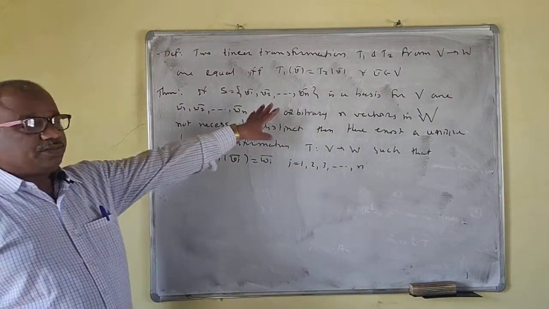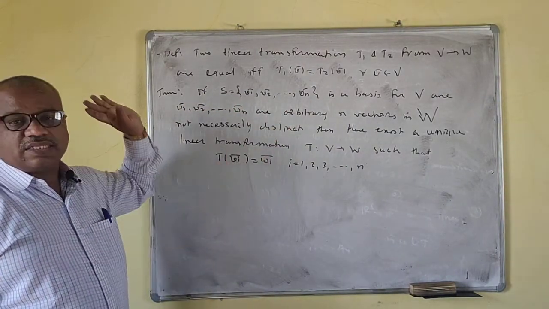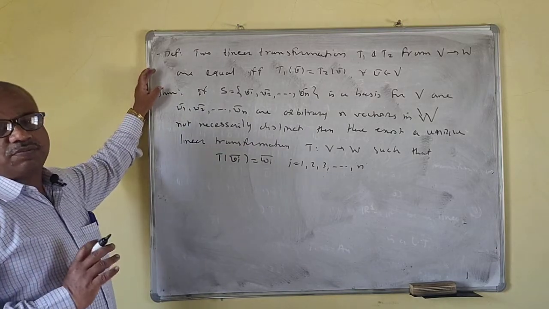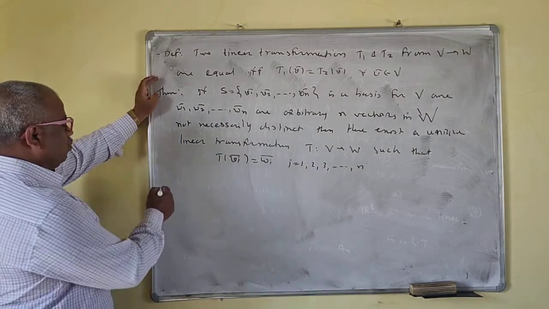So if this is the basis, then T of Vi bar is the same as Wi bar. So this is a linear transformation, and we have to prove that. Solution of proof.